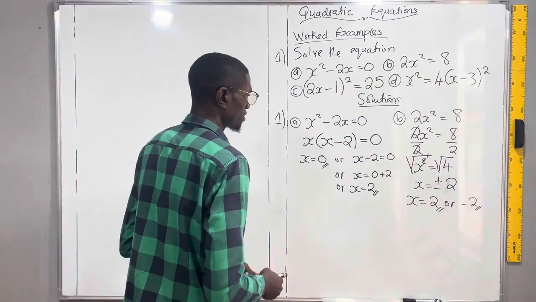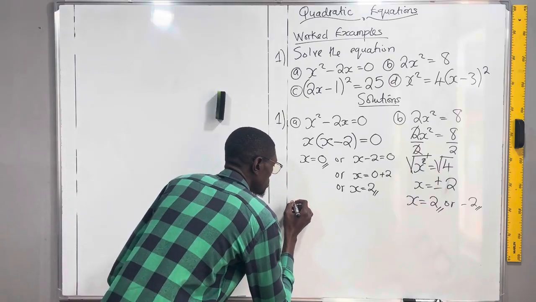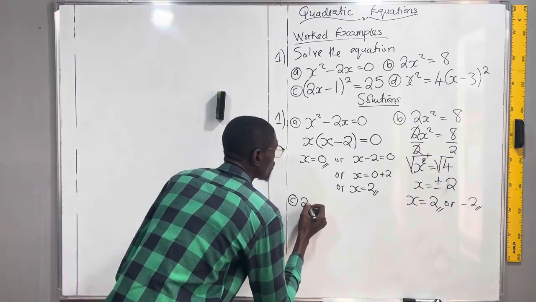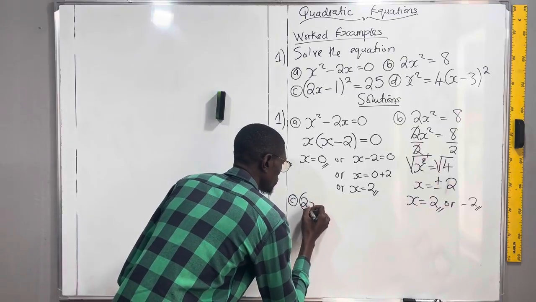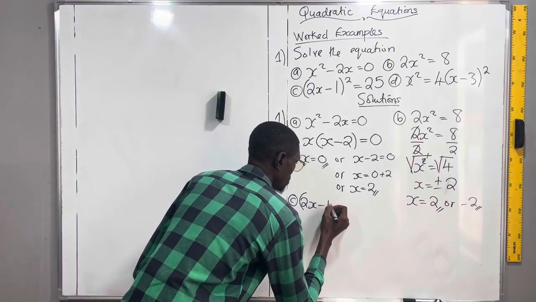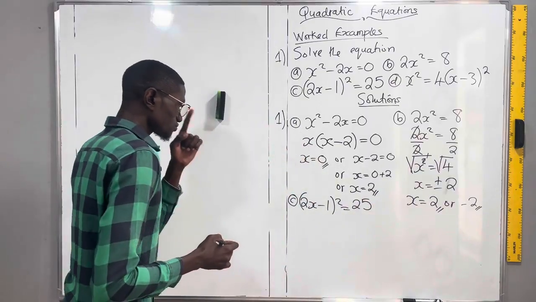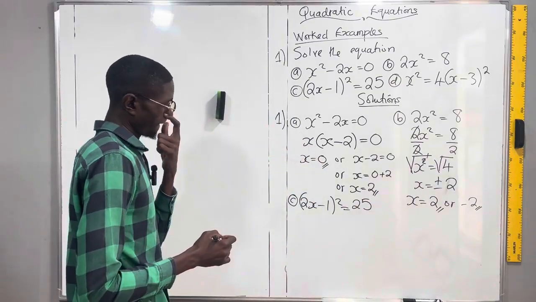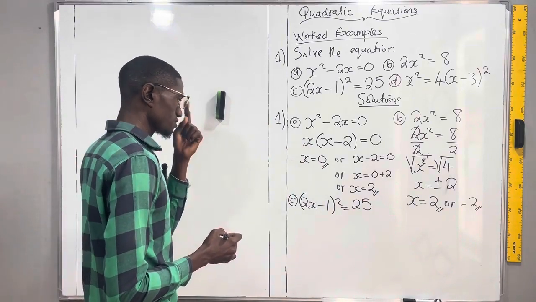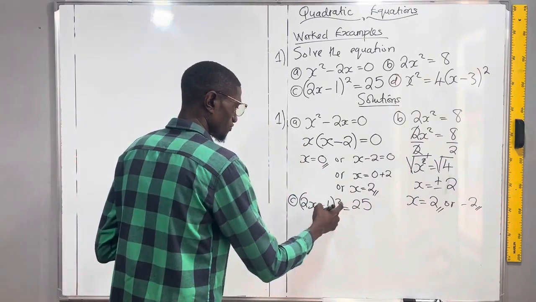So the next one is C, 2x plus or minus 1 squared is equal to 25. At this point, all we have to do is square root both sides to get rid of the 2.